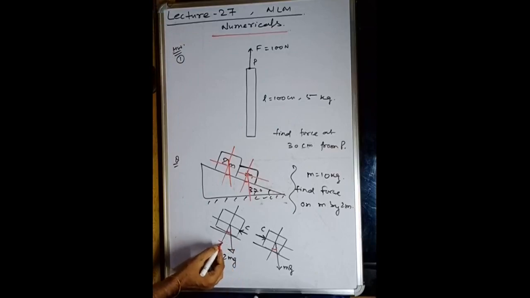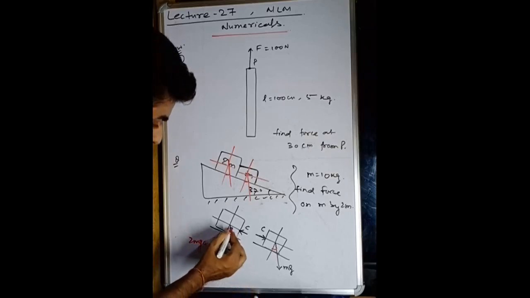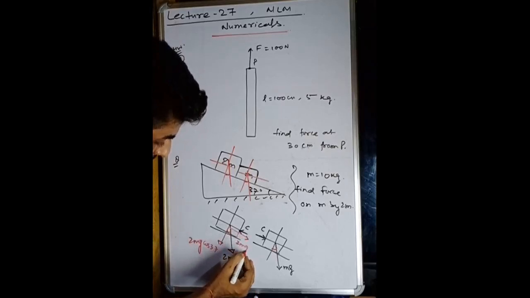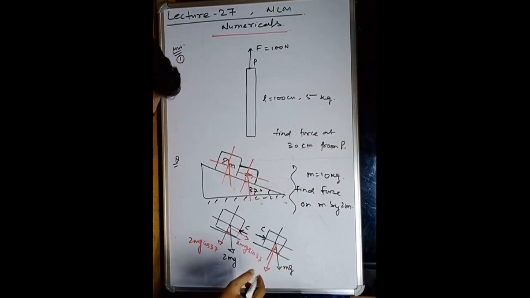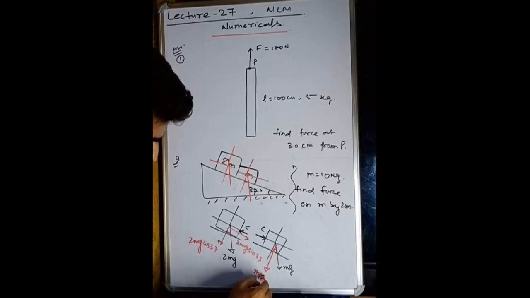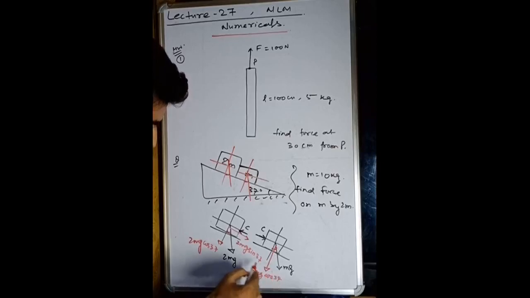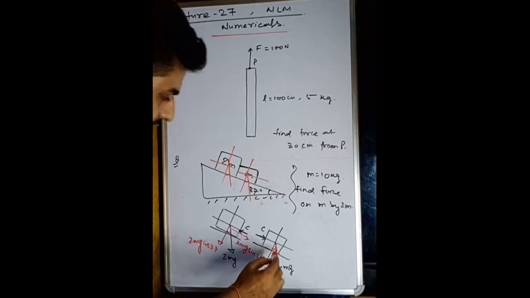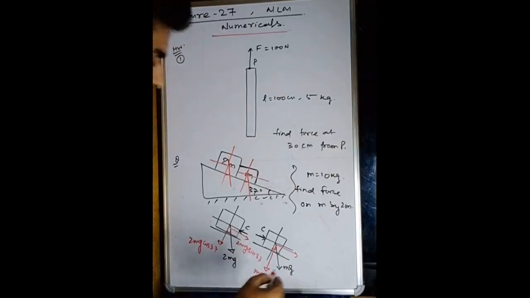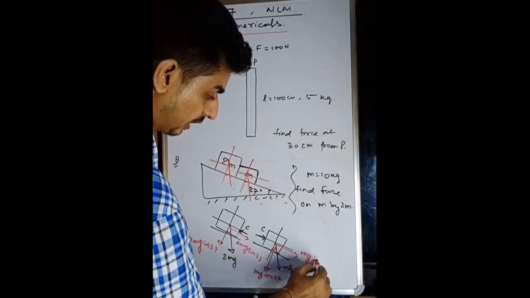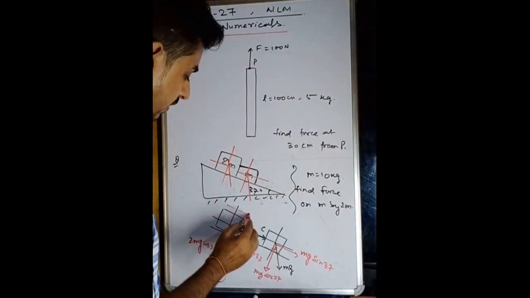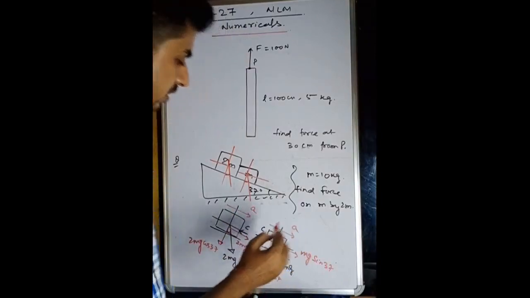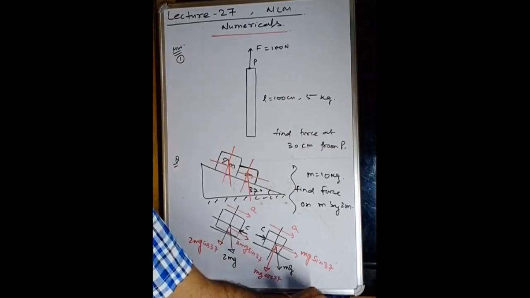So the components are 2mg cos 37 in this direction, and 2mg sin 37 along the incline. Now for the other block, mg cos 37 in this direction, and along the incline it is mg sin 37. I hope the entire system is moving down with an acceleration a. Now we will solve here.